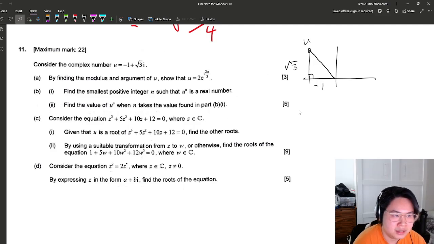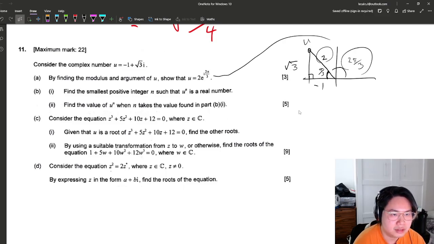If you use Pythagoras, this is 2. This is going to be a reference angle of π/3, which means your argument is 2π/3, and then as you can see, those go in there. Nice.